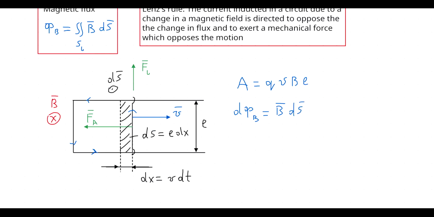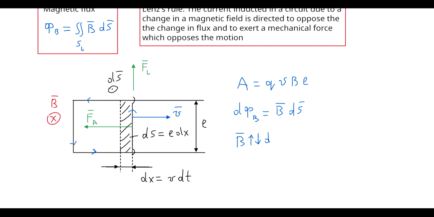And as we can see, according to the picture, vector dS and vector B have opposed directions. In other words, they are anti-parallel vectors.